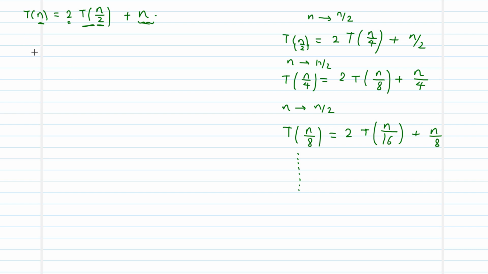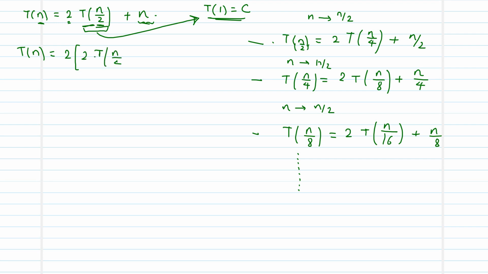Now let's start putting in the values that we have obtained here. T of 1 is equal to some constant c. So now T of n by 2 has to reduce to T of 1. Let's go on replacing the values which we have computed into this T of n. So our T of n will become 2 times, what is T of n by 2 now? 2 times T of n upon 4 plus n upon 2, and plus n, right?